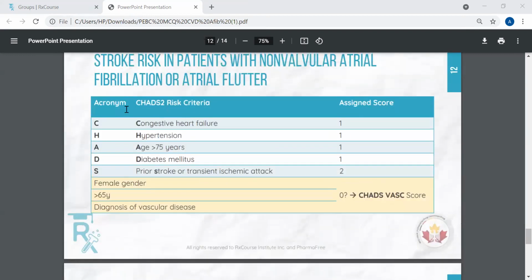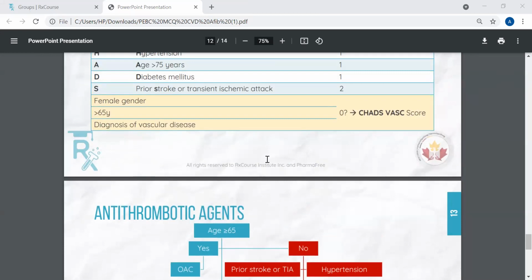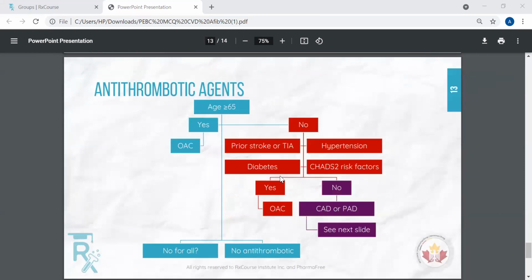I will need this score in deciding what I'm going to give to prevent the blood clot formation. So a patient with atrial fibrillation, I have to put him on something to prevent blood coagulation. First thing, I look to the age. If the patient age is 65 or more, I will give him oral anticoagulant.